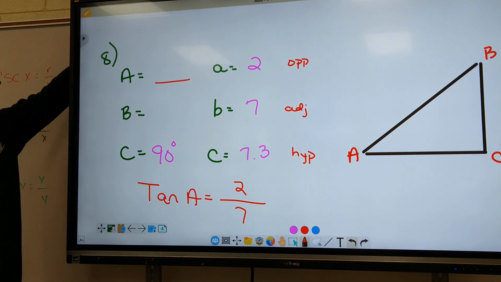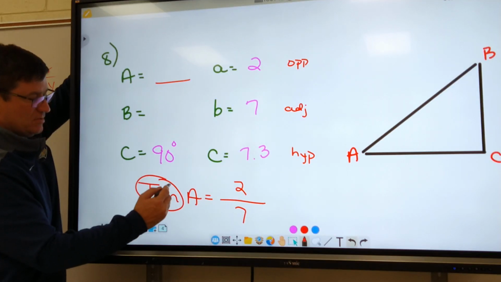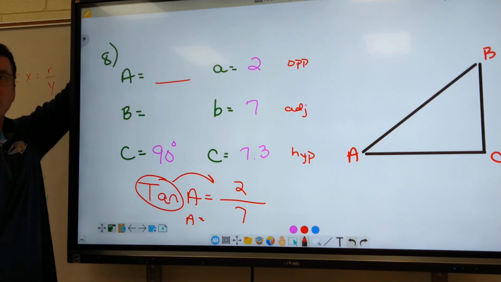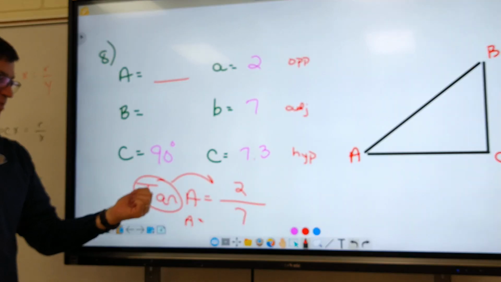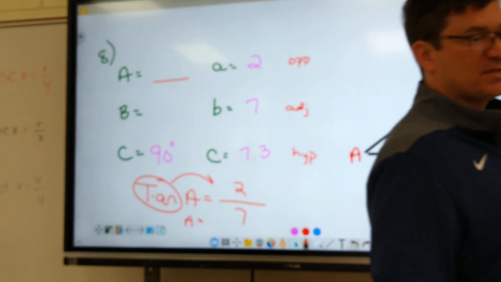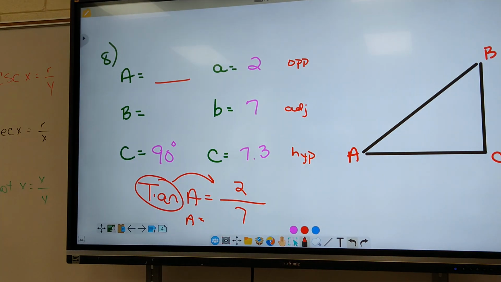Let's see if Ada remembers how to do this. Ada, what happens with tangent when I move it over here and I leave the A on the left side? You remember? Let me show you. When you move it over, it becomes tan -1. So in your calculator, type tan -1, inverse tangent, 2/7.